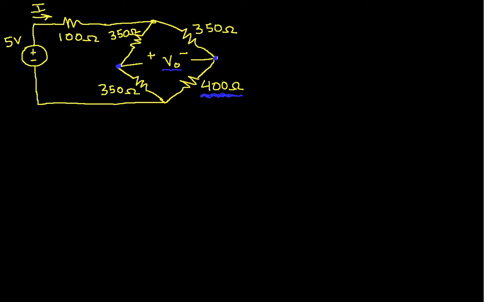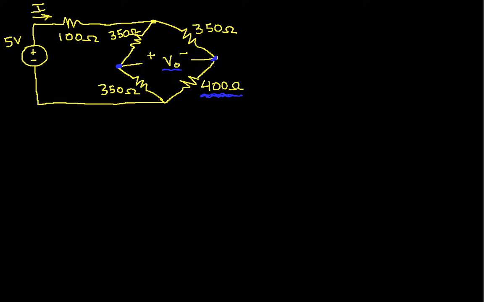So our goal is to find V0, the voltage across these two terminals, that is the potential difference between the left terminal and the right terminal, and the current that's flowing out of the source, I. Now, how are we going to do this using things like voltage dividers and so on?